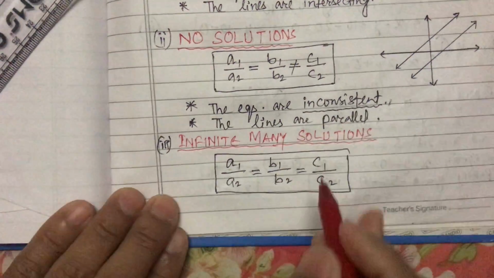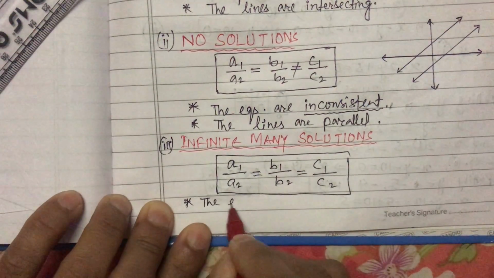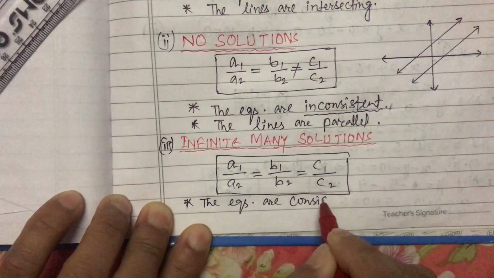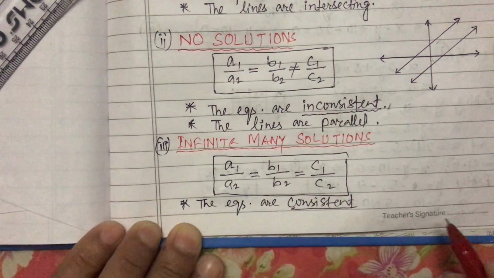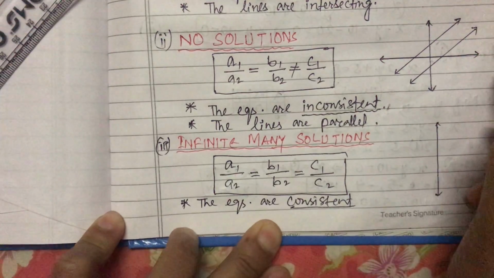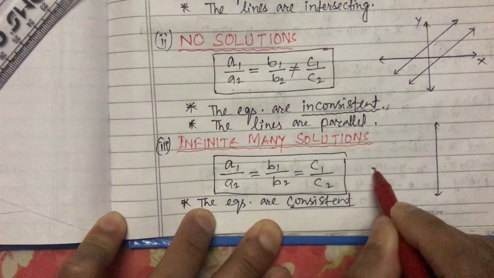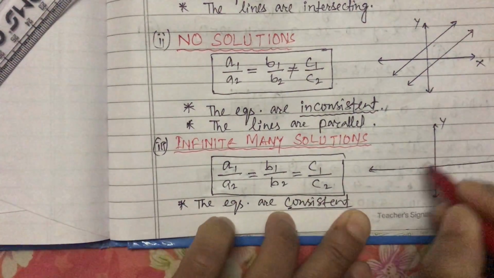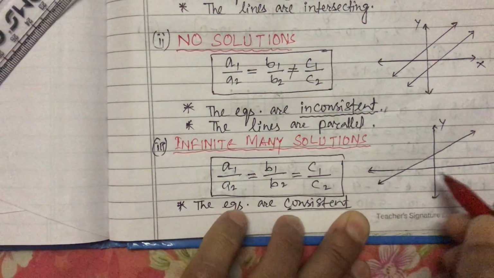So if you remember, such equations are also called consistent equations. Okay, and if you remember the nature of the graph, it was coinciding, meaning overlapping.